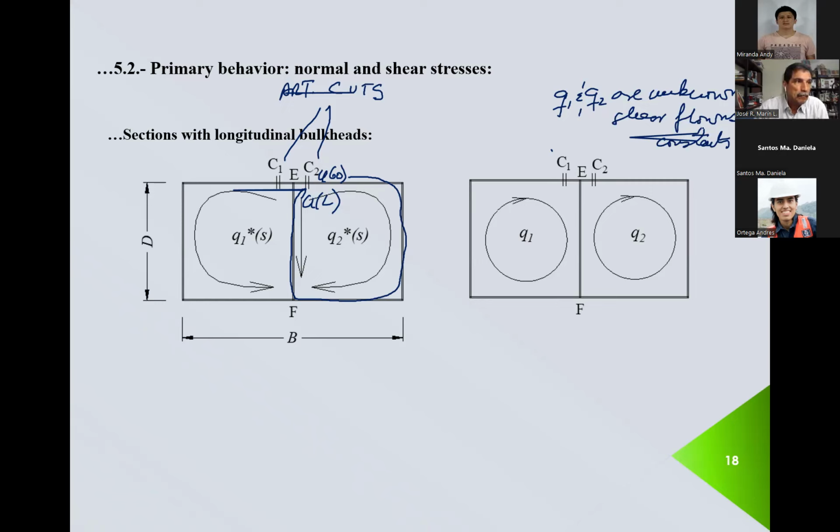So we have to superimpose these two, Q1 in cell 1 and Q2 in cell 2. People, it's very important that we keep track of the sign. We assume Q1 and Q2 are positive, so we put them in the counterclockwise direction. And now, how can we find Q1 and Q2?